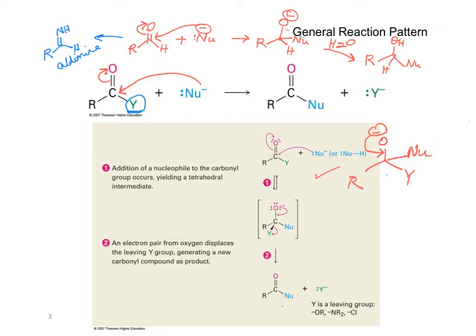Now when the negative charge comes in, you would have the loss of the leaving group, and that will generate your C double bond O back. You have substituted the nucleophile in place of where Y was. So the leaving group has left and the nucleophile is sitting in its position.